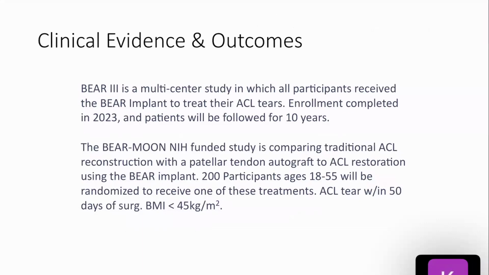So 200 patients are in the study, ages 18 to 55, and will be randomized to receive one of those treatments. ACL surgery has to be within 50 days of the tear, and the patient's BMI has to be less than 45.